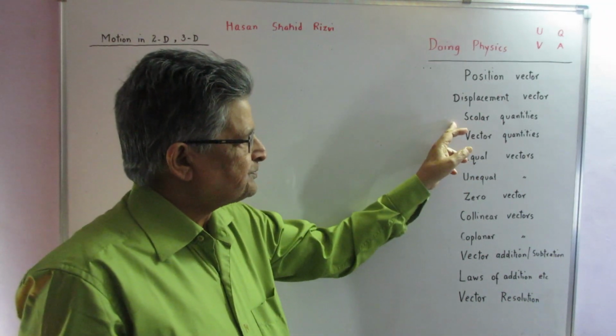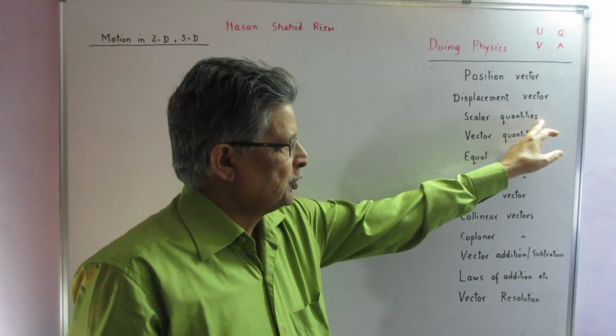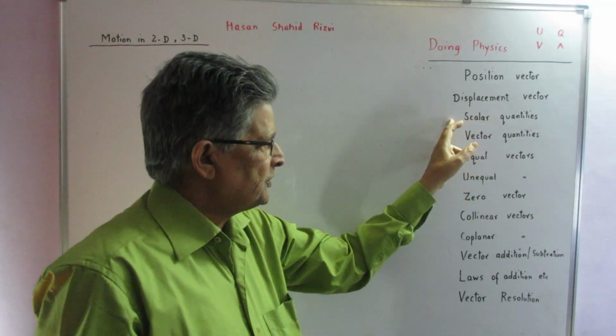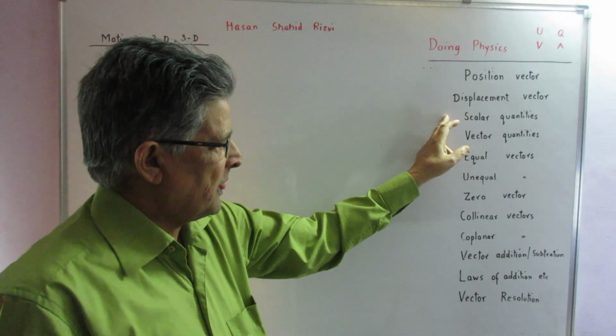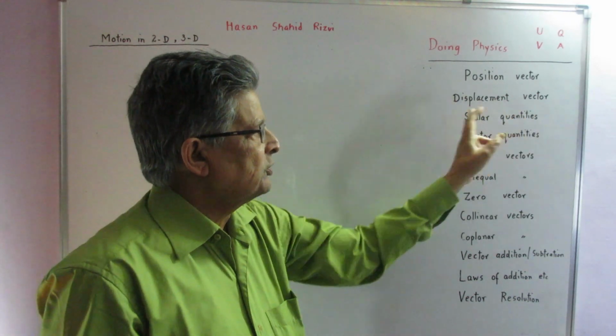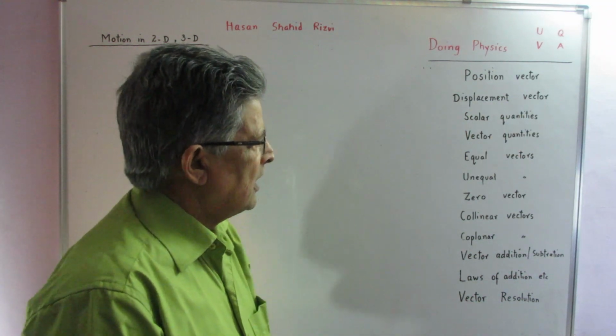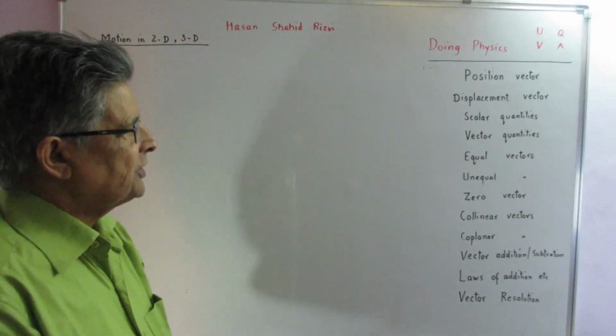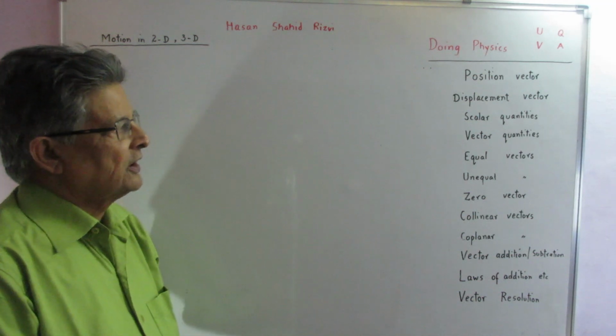Scalar quantities have only magnitude, like mass, like time, like length. All these quantities are, and many more like temperature, etc., they are scalar quantities.